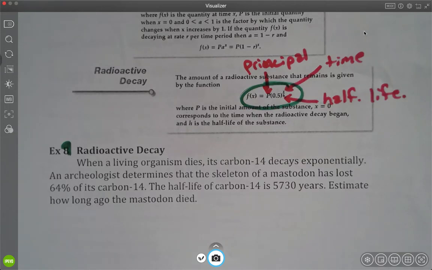Because after one half-life, there should be half as much carbon-14 as there was to start with. After two, there should be a quarter of what it was before, an eighth after 3 cycles, etc. They figure out how much is broken down. For people in chemistry, we do that in second semester.